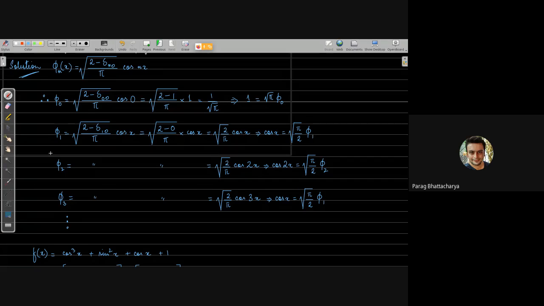And likewise over here, cos 3x is equal to root over pi by 2 phi 3. Okay, so this is what we have.